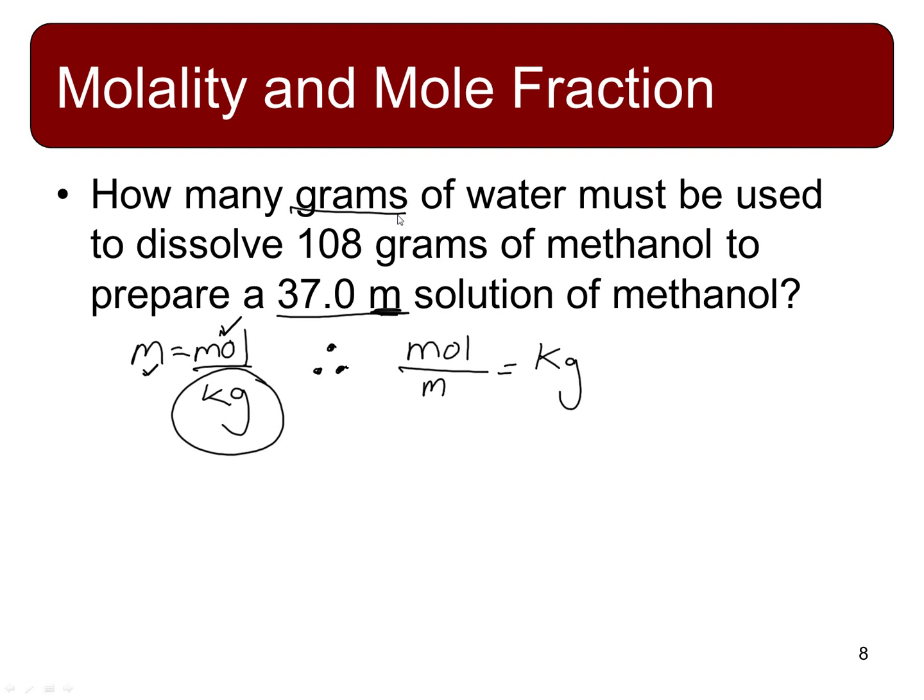Okay, so if we look back at our problem, how many moles of methanol did we have in 108 grams? Okay, so we had 3.38 moles. All right, and we're given the molality.